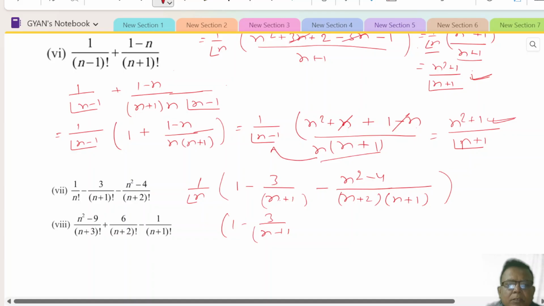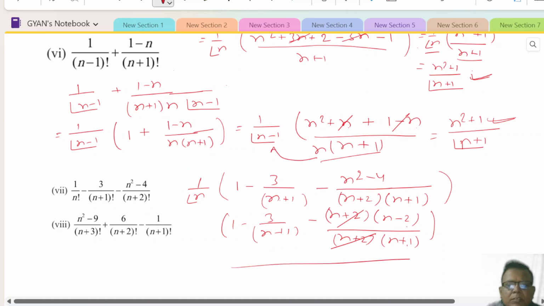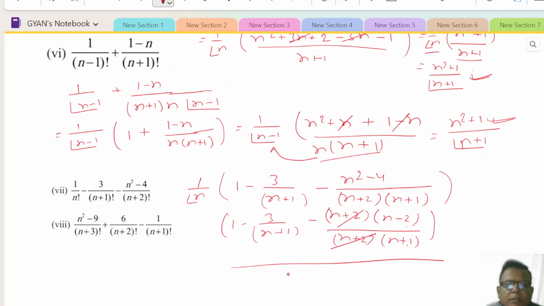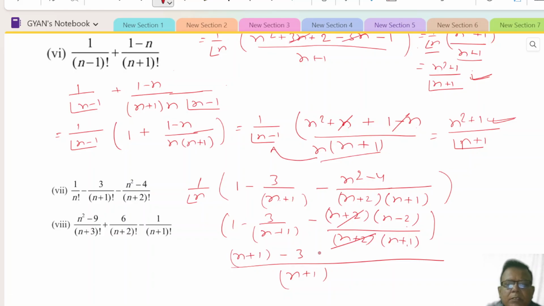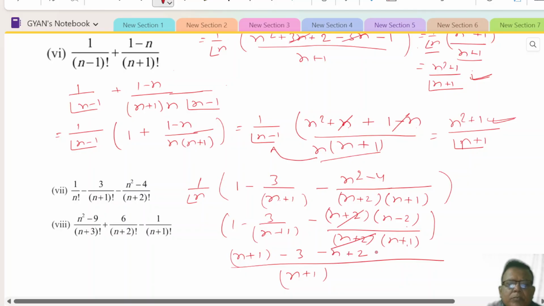N plus 1 minus n plus 2 into n minus 2 divided by n plus 2 into n plus 1. This will get cancelled. Now you take n plus 1 common, LCM, then this will be n plus 1 minus 3 minus n plus 2. So this gets cancelled. This factorial n is also there.